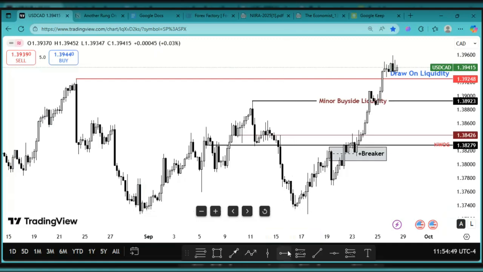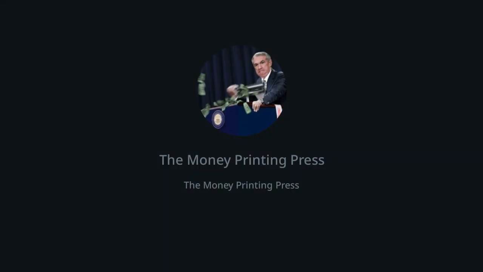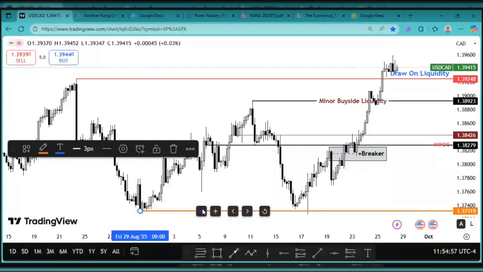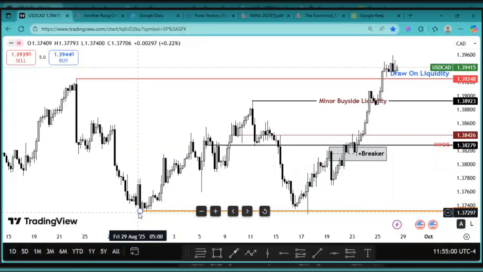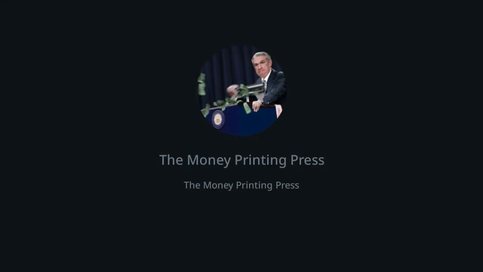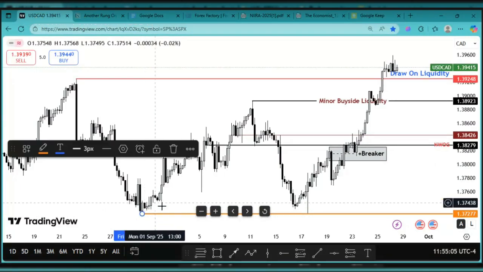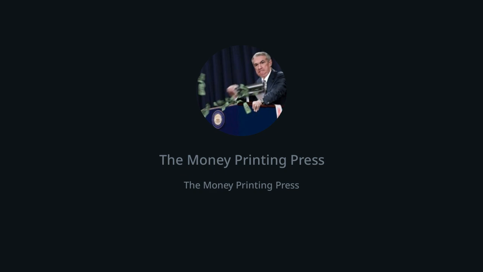These two lows, watch. Yeah, this is a clear purge of liquidity. Either I keep it here or here, but we have a clear purge of liquidity here. This low, then price rallied higher.